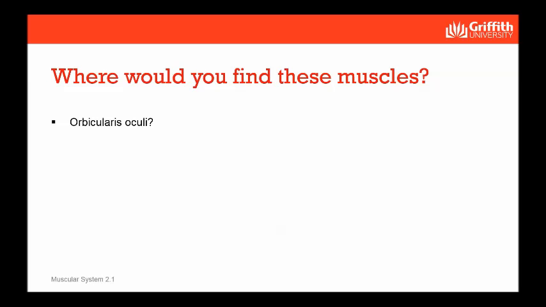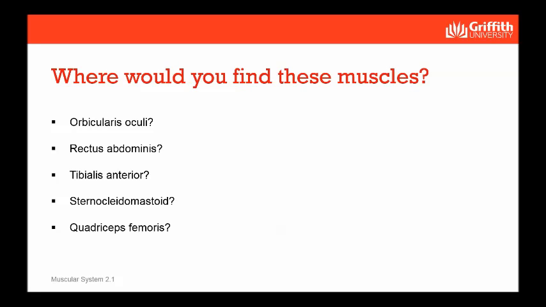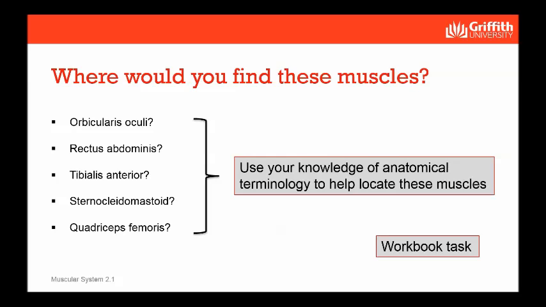Orbicularis oculi, rectus abdominis, tibialis anterior, sternocleidomastoid, and quadriceps femoris. Use your knowledge of anatomical terminology to help locate these muscles, writing your answers in your workbooks.